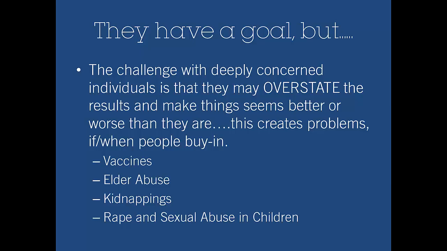We also saw this with rape and sexual abuse in children. I want to say this was happening in the late 70s, early 80s. Not that rape and sexual abuse in children is not a very serious issue. I 100% agree that it was a very serious issue. But what happened was they collected a small sample of data and they overestimated their results.